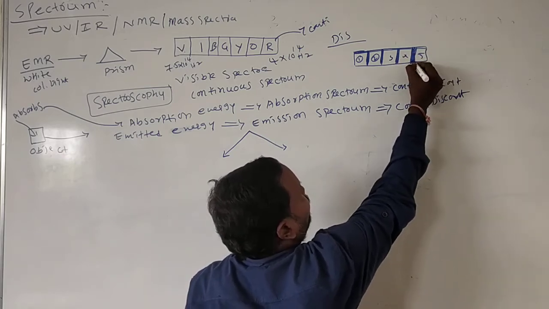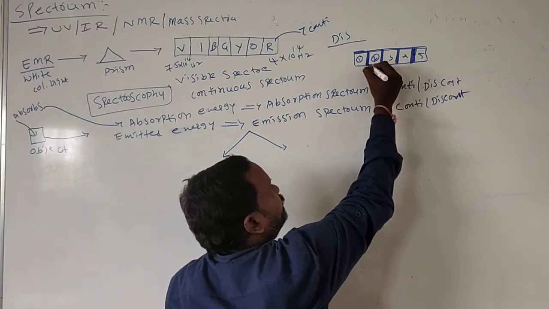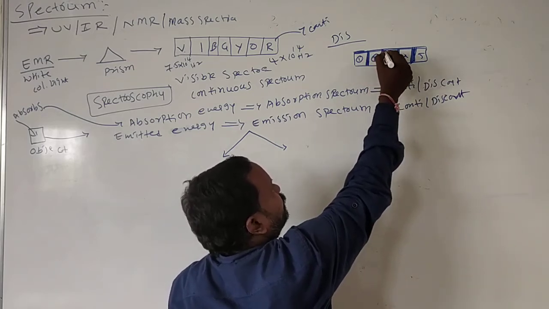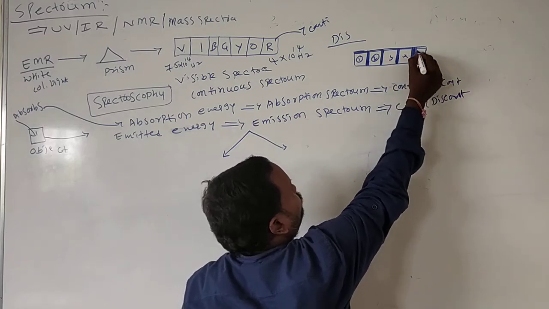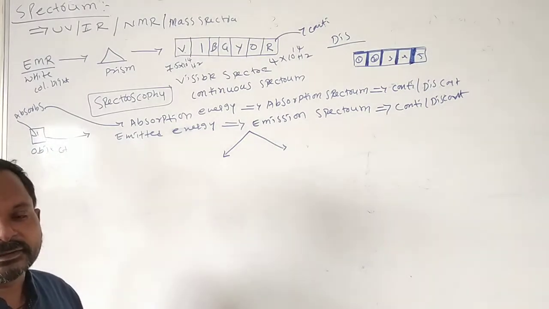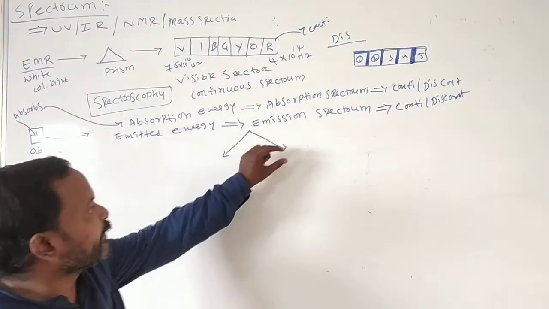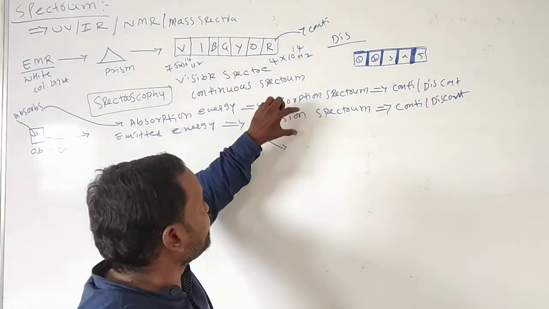Here 5 colors are there, separated with these lines. This we call a discontinuous spectrum.